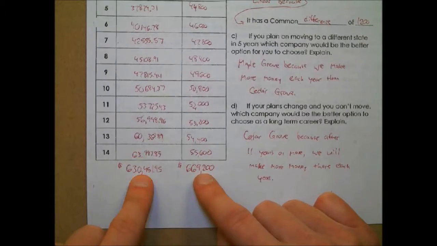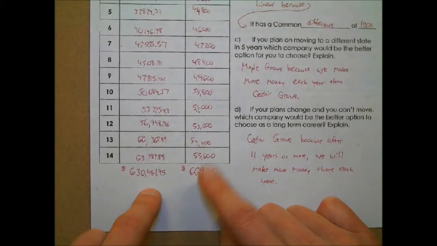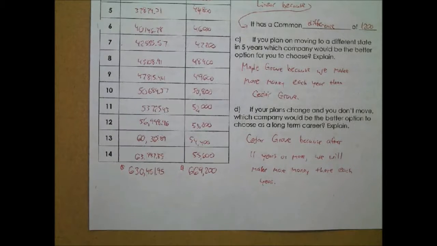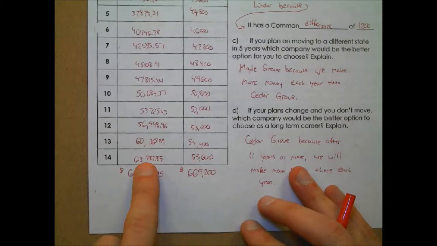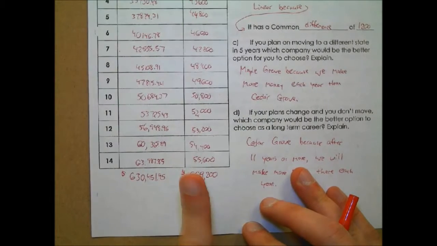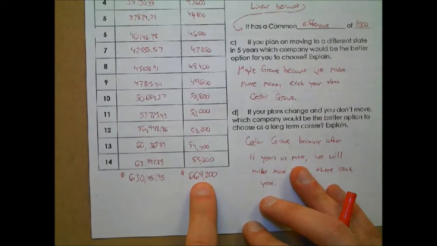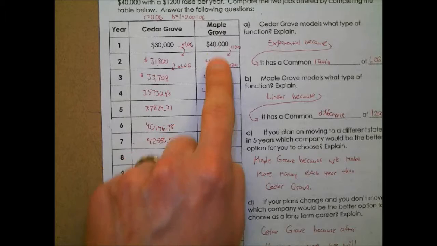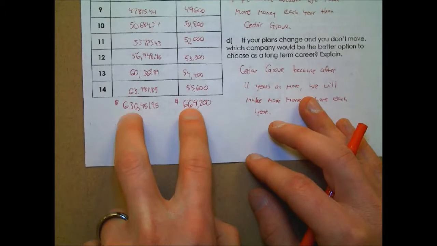Will Cedar Grove always be less than Maple Grove? No. Over the years, that sum is going to get closer and closer. But even here, if you had a friend working at Cedar Grove and you worked at Maple Grove, you overall would still have more money than your friend because you started out higher and it took longer for it to catch up. So these are things to think about.